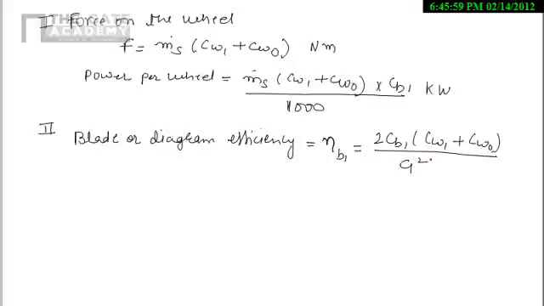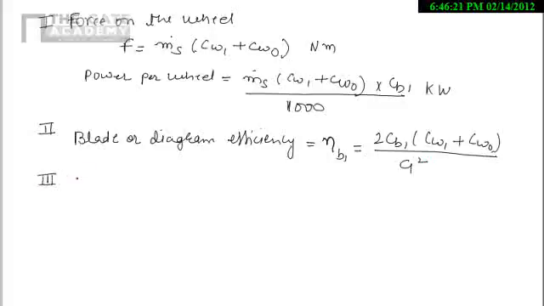Remember this formula, it is very important. The blade or diagram efficiency is twice CB1, that is blade velocity, into the summation of the velocity of whirl at inlet and outlet, CW1 plus CW0, divided by C1 square.